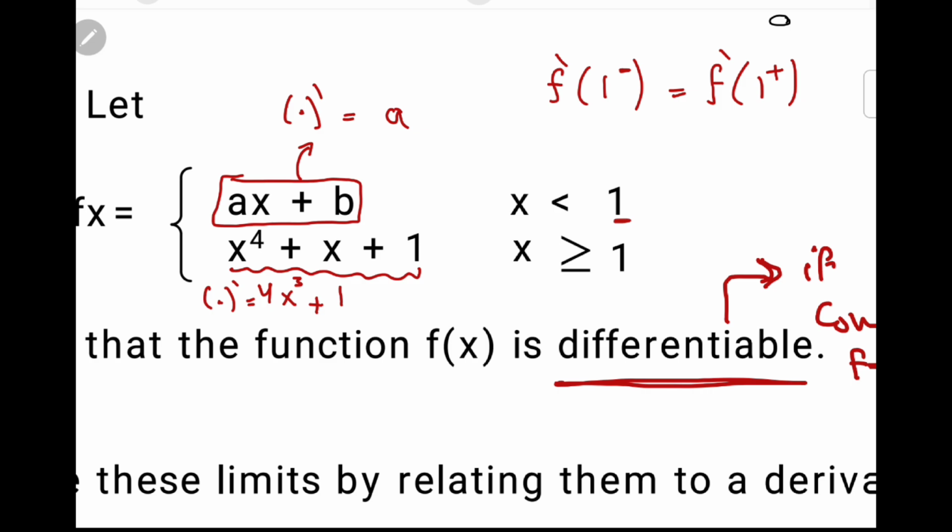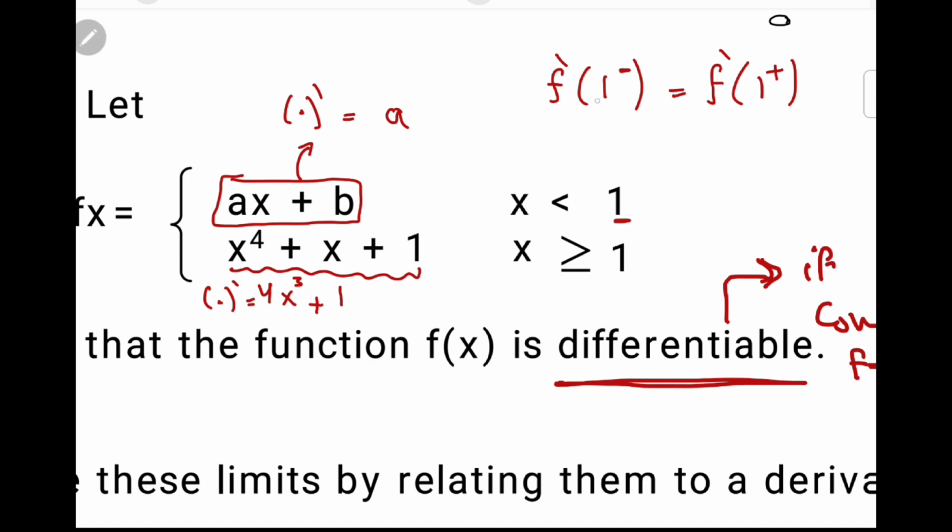So there is no gap. The gap is closed. If this is not the case, then there is a gap, which means that the function is not smooth or the function may not be continuous. So using this condition, we can find the value a.